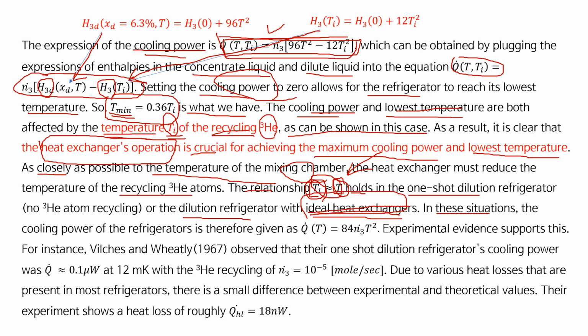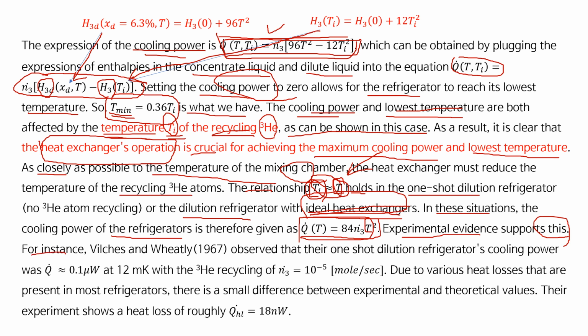In these situations, the cooling power of the refrigerators is therefore given as this equation. So T equals Ti, so we can have this equation, where T is the temperature of the mixing chamber. Experimental evidence supports this equation.